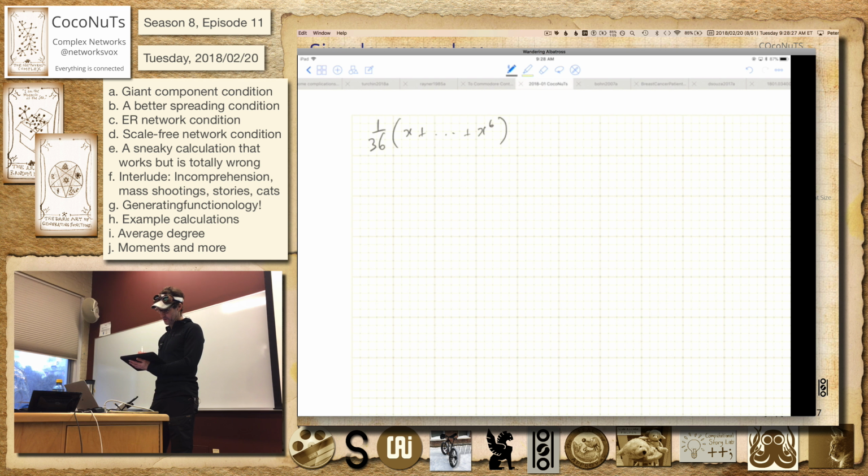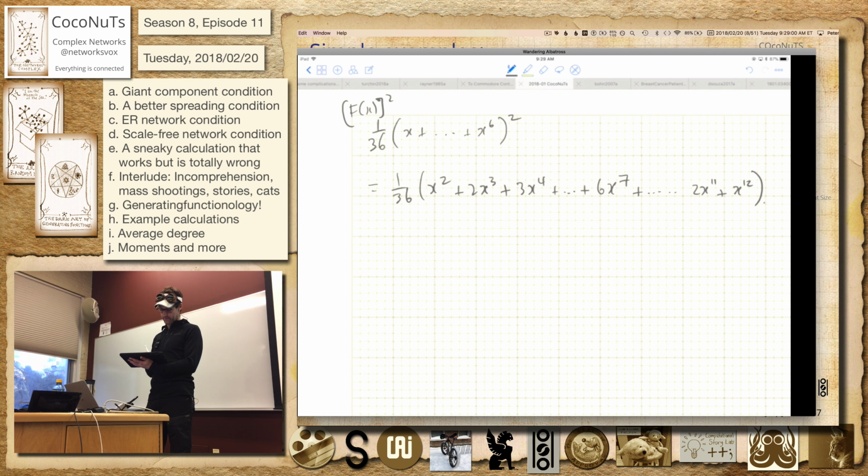So this one would be 6x plus x to the 6. Did I get this right? Yeah, so we'd have 1 over 36 squared. So this would be our f of x squared. So it's 1 over 36, and we'd have x squared plus 2x cubed plus 3x to the 4 plus, and you get up to 6x to the 7, and then it goes down again to 2x to the 11 plus x to the 12.